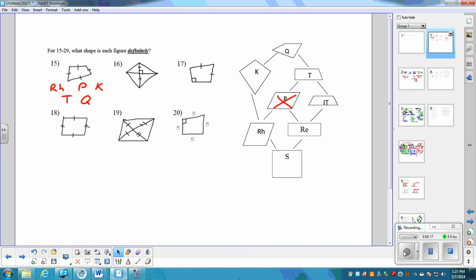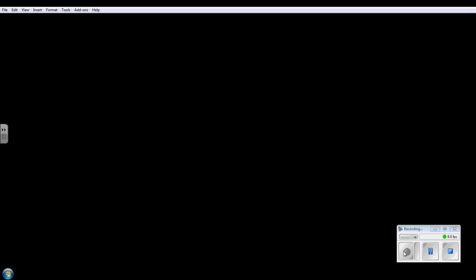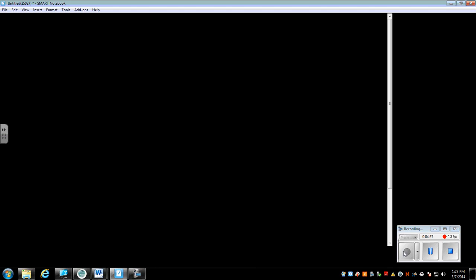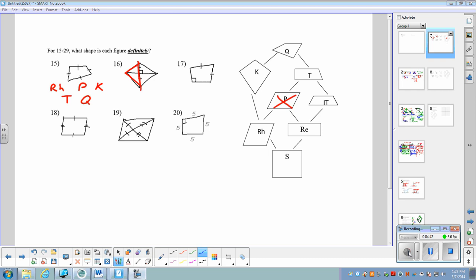Which means let's check about isotrap and kite. I'm not seeing any parallel lines, and like I said with parallelogram, it's not really easy to prove there are parallel lines. But oh wait, kite maybe, because we do have an isosceles triangle right here, and another isosceles triangle right here.